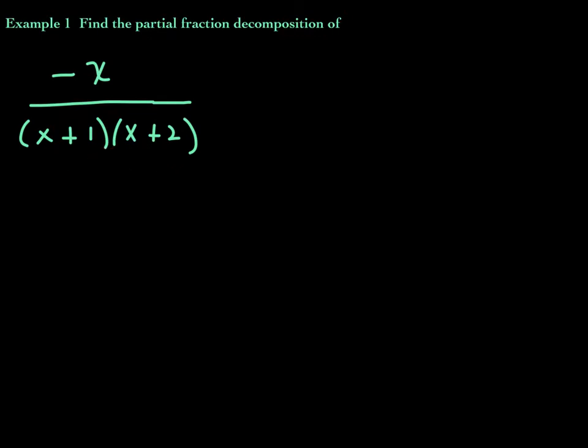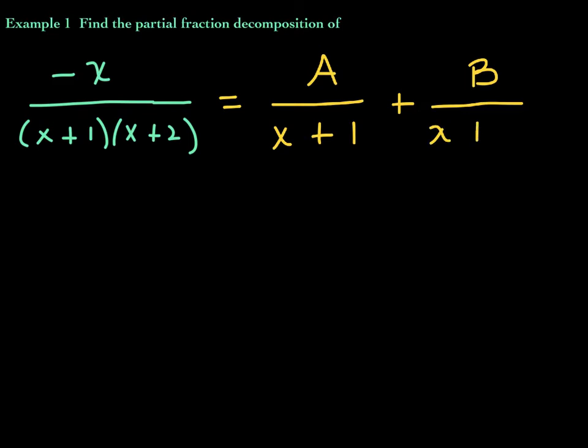So we know that this must be equal to some constant, let's call it a, over the first linear factor, plus some other constant, let's call it b, over the other linear factor. So this is the form of the partial fraction decomposition.